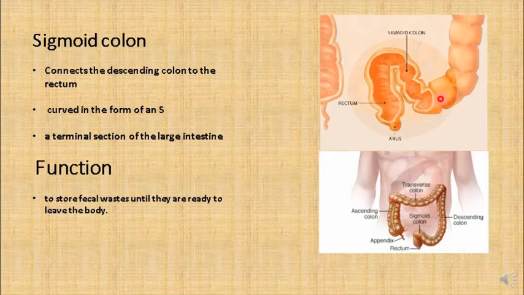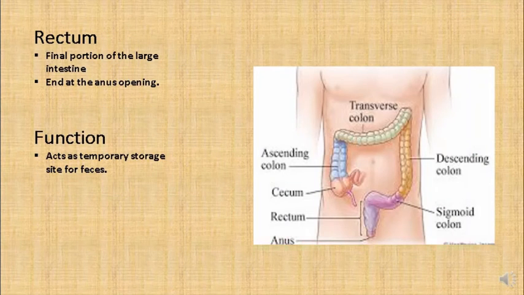A very important role of the sigmoid is to store the fecal waste until it is ready to leave the body. All the waste is collected in the sigmoid colon. And the rectum is the final portion of the large intestine.